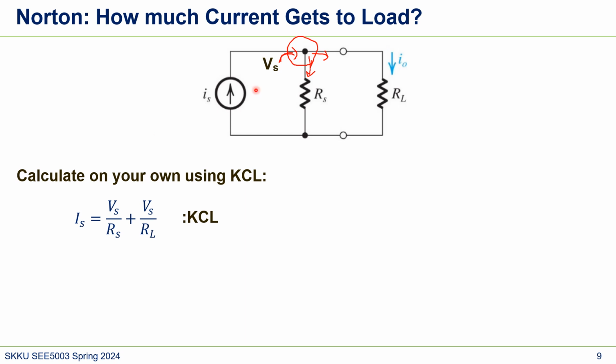So Is, which is the inflow current, equals the current through here, which is Vs divided by Rs, and also the current this way, which is Vs over RL. So this is using KCL.